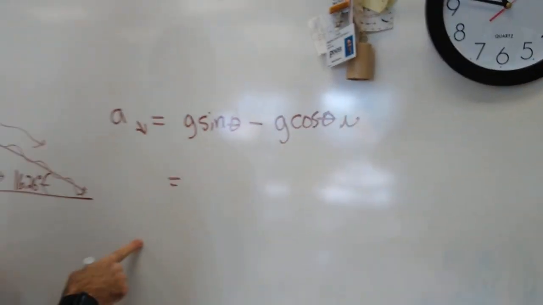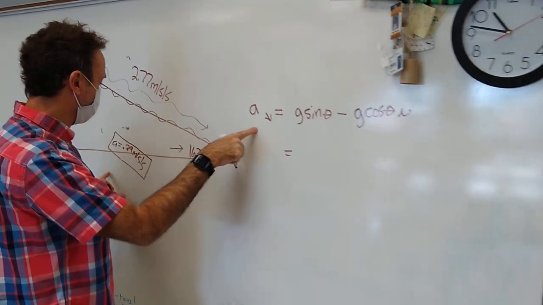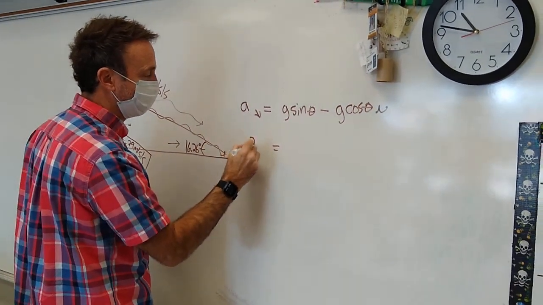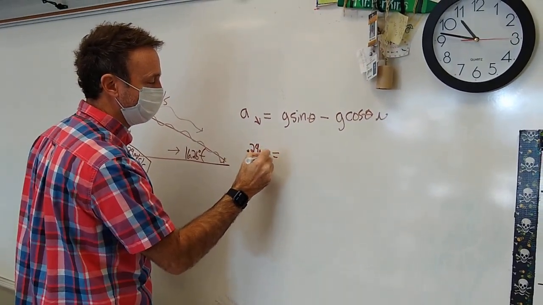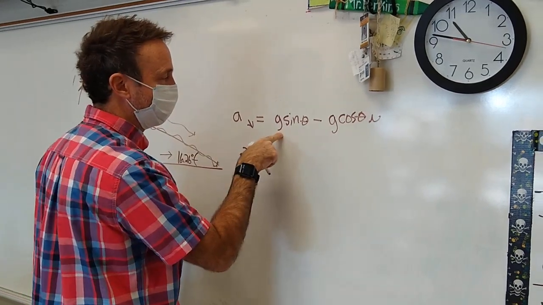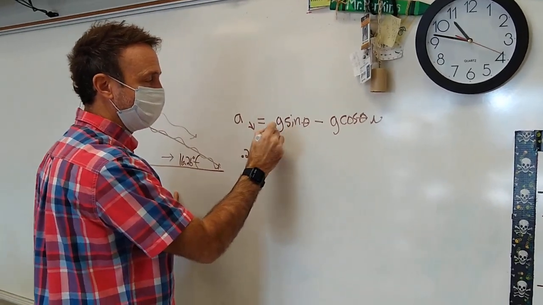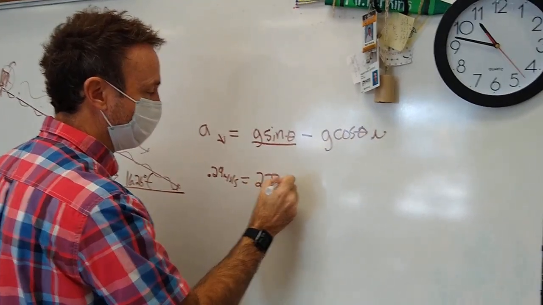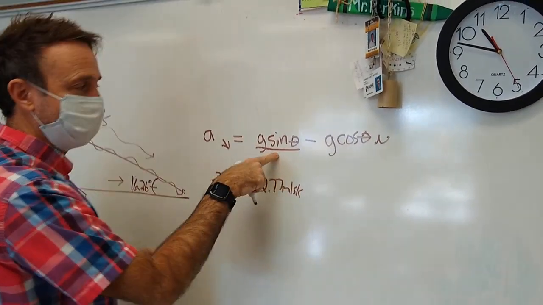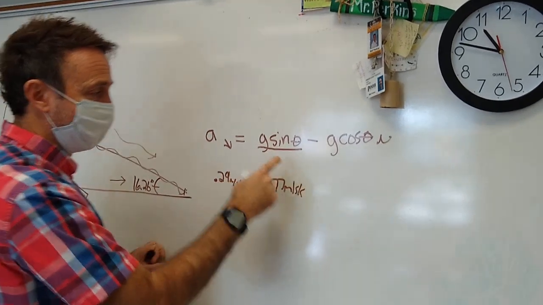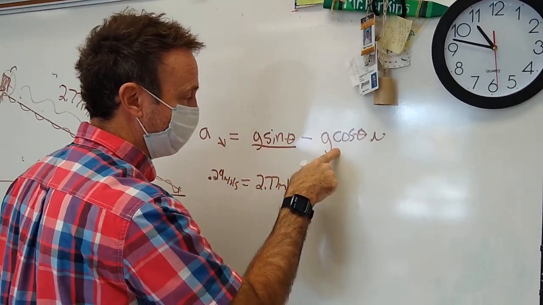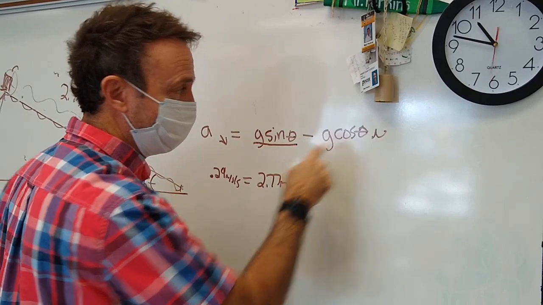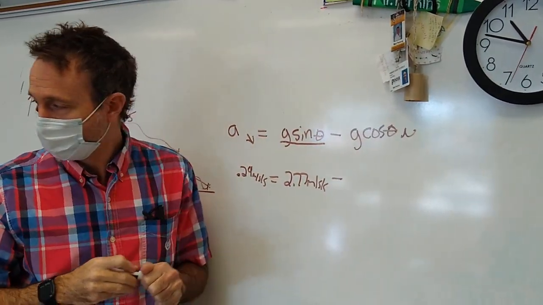And that gives us our actual acceleration down the ramp, which was 0.29 meters per second per second. Gravity times the sine of the angle, that's the very beginning of the problem. That was 2.77 meters per second per second. That's the frictionless acceleration. But we're also being slowed down by gravity times the cosine of the angle times mu.